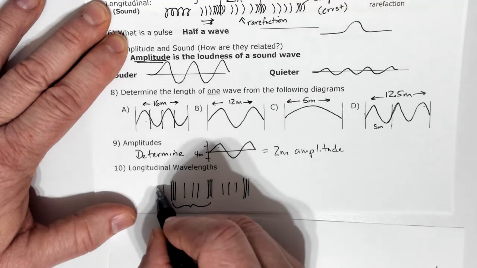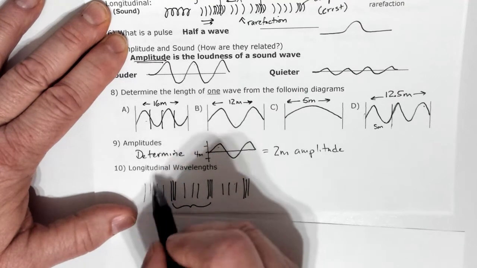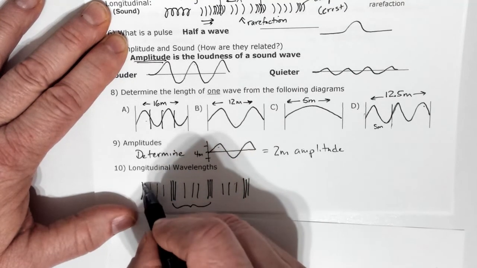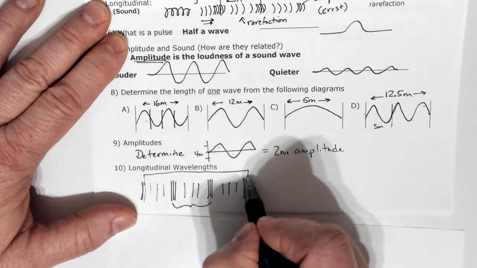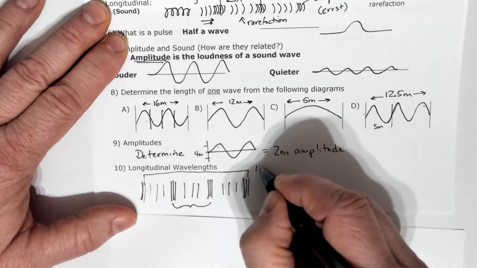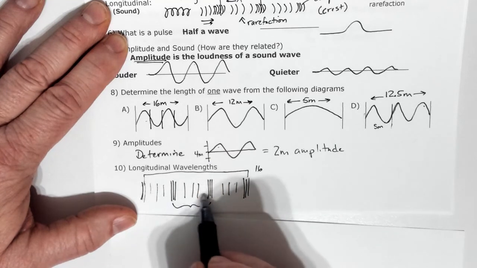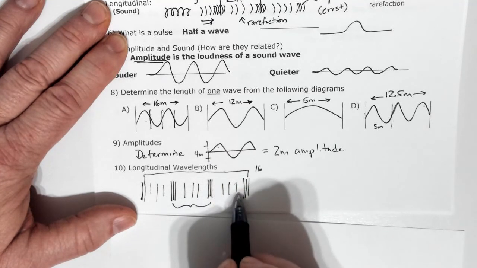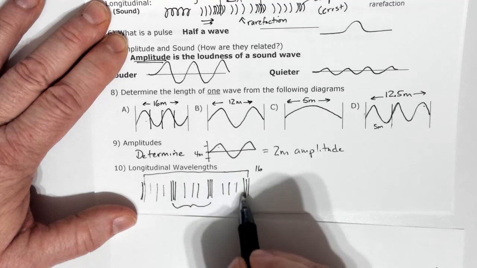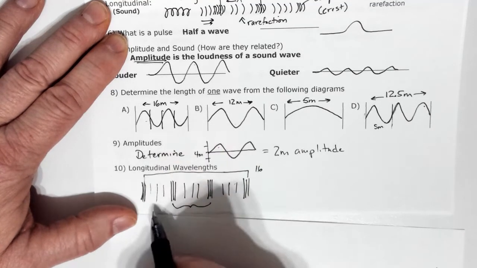So if someone told you that this distance right here is 16, and then you know from there to there, so we got 1, 2, 3 sections, and then I've got 2 compressions right there.